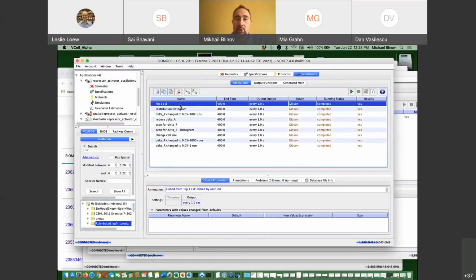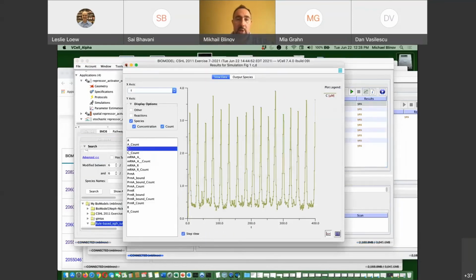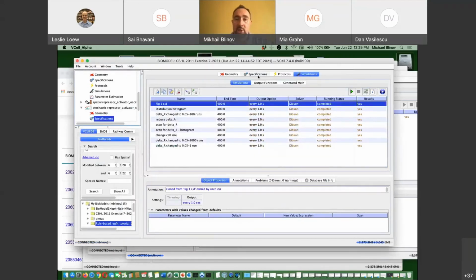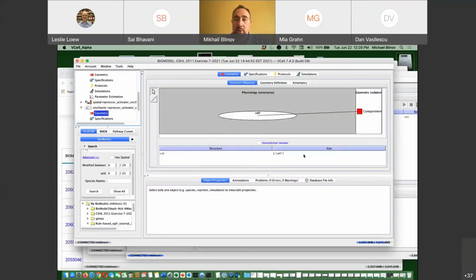This is my system, the repressor oscillator. I have 2 minutes, so please ask questions. I would like to change the specification here. I would like to go into geometry and increase the size 5 times.